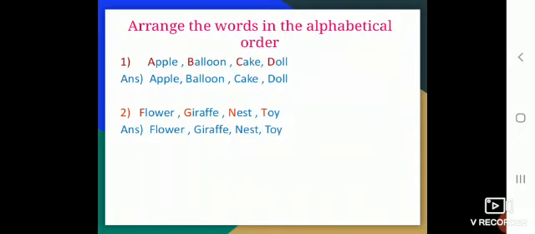The word may have 3 letters or 4 letters, 5 letters, but we have to consider the first letter when we are arranging in alphabetical order. And if the first letters are the same, then we have to follow the second letter. So what is important is what letter a word begins with.